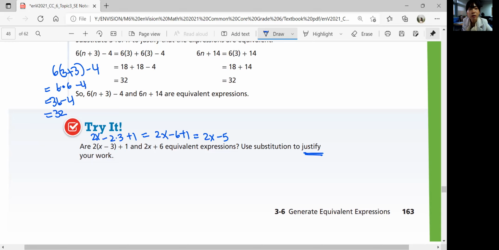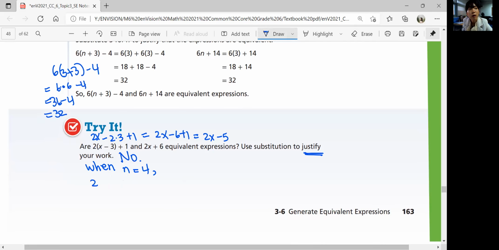So use substitution to justify our work, okay? We're gonna first say no, but we need to say when n is equal to what, right? Because we tried 3, why don't we try 4 now, okay? Why don't we start with the original expressions.